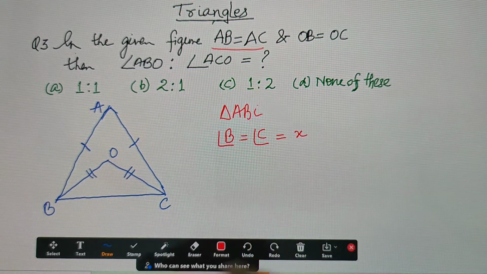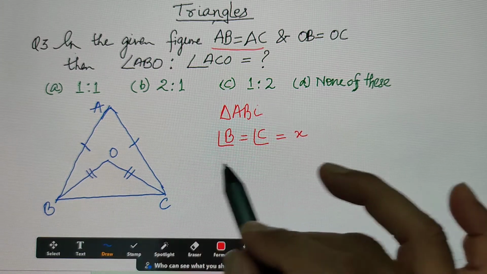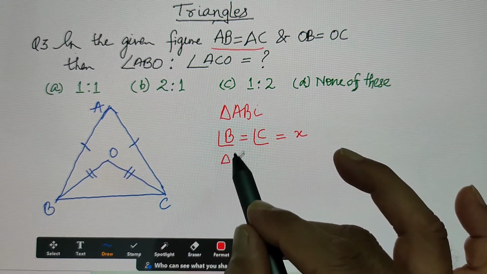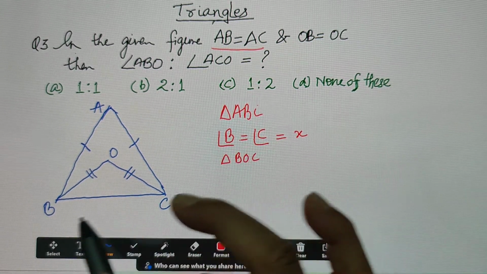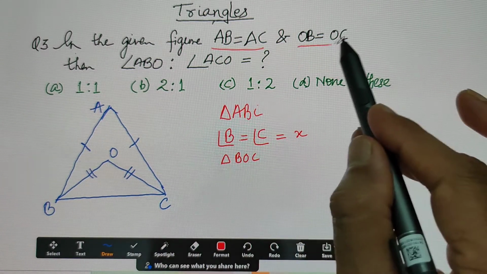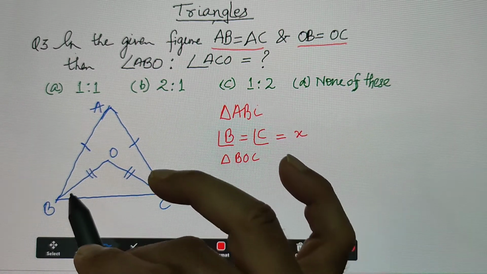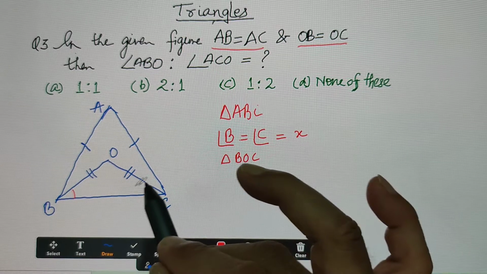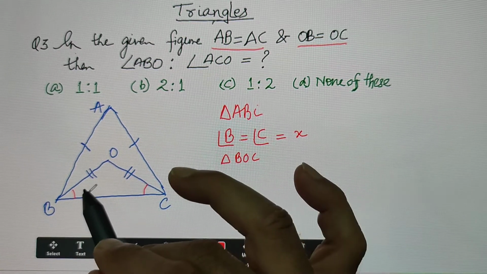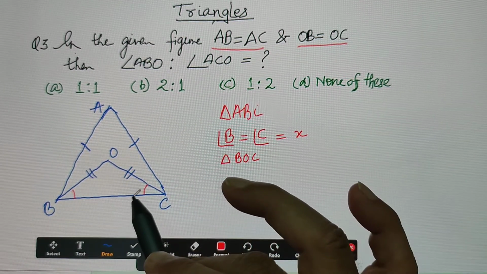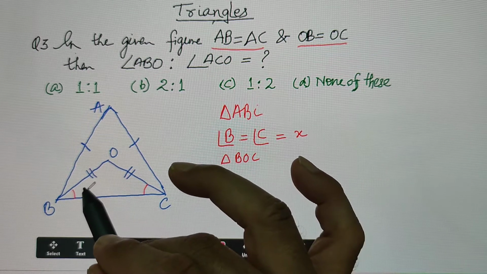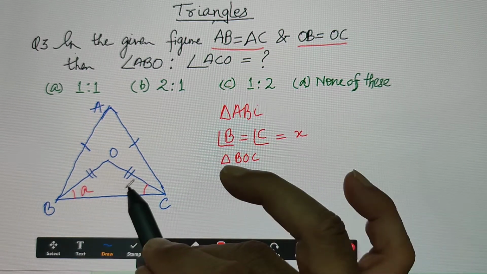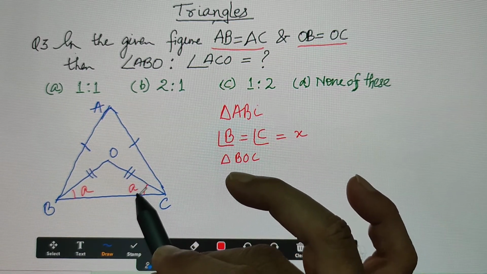X. Now let us consider triangle BOC, which is again having OB equal to OC. So this angle and this angle are equal. Again base angles of an isosceles triangle. Now suppose this angle is a, this angle is also going to be a.